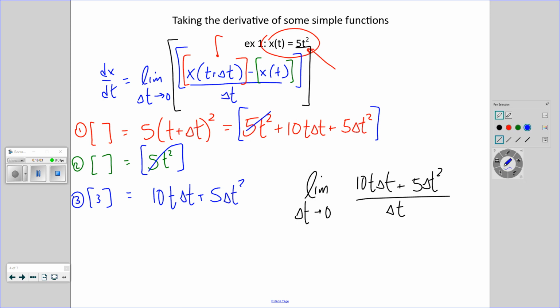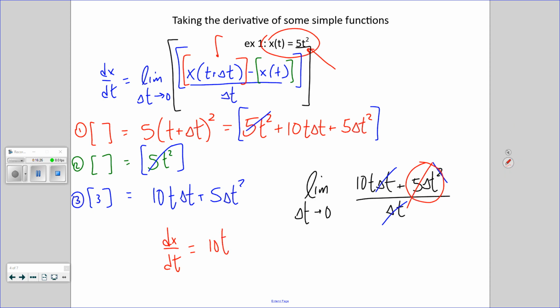Notice delta t divides away with that and with one of those. So we've got the limit as delta t approaches 0 of 10t plus 5 delta t. Well, this term approaches 0, and we're left with 10t.